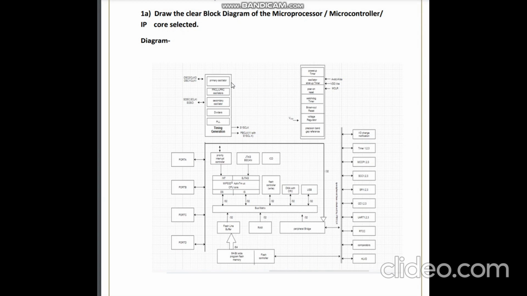We have the primary oscillator, secondary oscillator, dividers, PLL. So according to that, we have power up timer, oscillator startup timer, reset, switched off timer, brownout reset, voltage regulator, precision band gap reference.